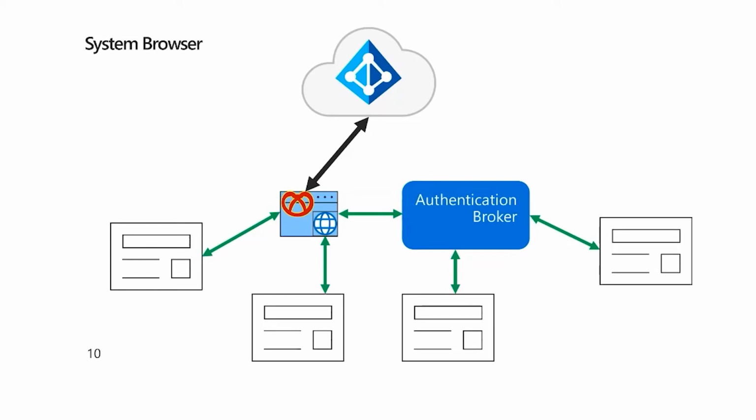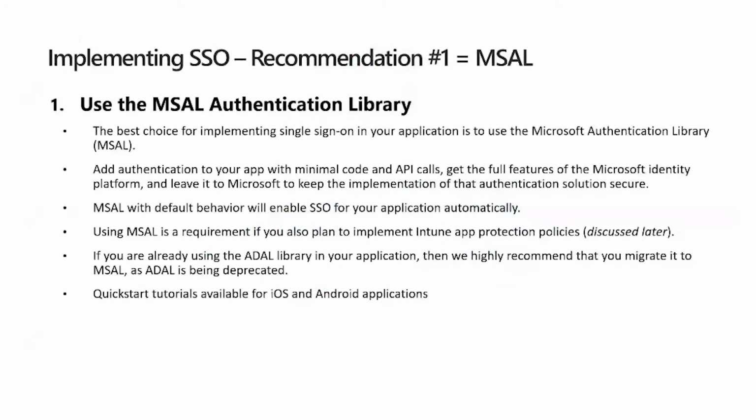So how could you go about using the system browser? Well, one option, for those of you who are targeting the Microsoft Identity Platform directly, is our Microsoft Authentication Libraries. We have them for Android, we have them for iOS, we have them even for things like Xamarin, that allow you to really take the optimal path here. Yes, our Microsoft Authentication Libraries will first look for a broker.